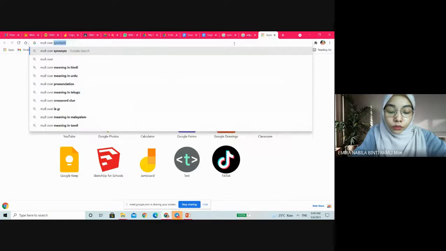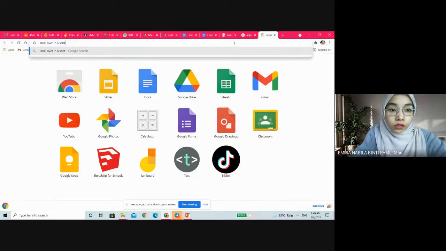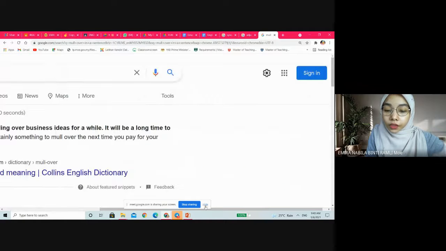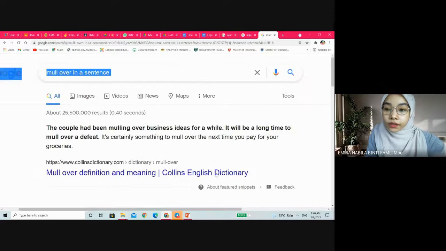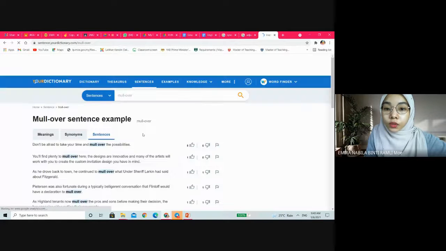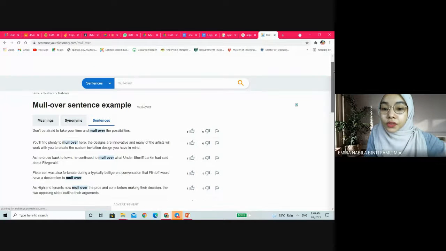You type mull over in a sentence. Nanti usually what you will get adalah example sentences. Okay, like this one here. Mull over sentence example. So once again, this is definitely the same website that I used yesterday untuk check whether your phrases are suitable or not.